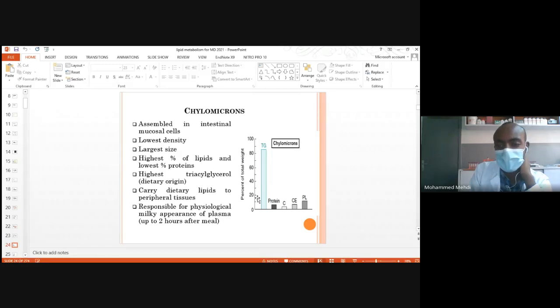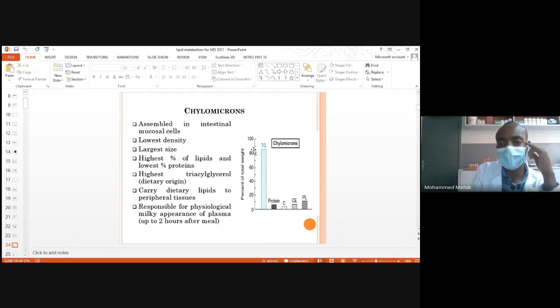So this is a graph. It shows the percent of total weight of the different components in chylomicron only. Okay, chylomicron has these compositions.